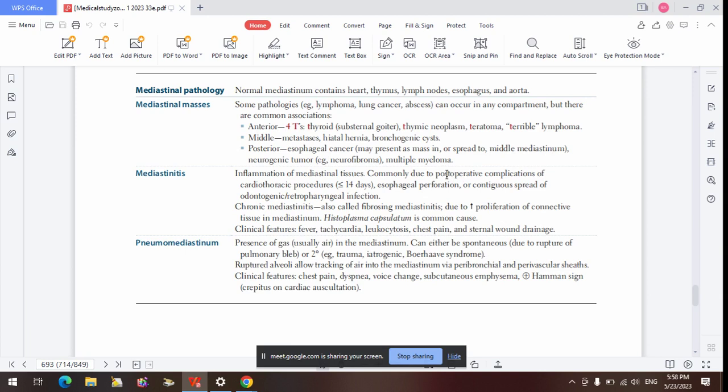So I think that's why they are shifting it to the posterior mediastinum now. So it can fill in between the middle and the posterior mediastinum.